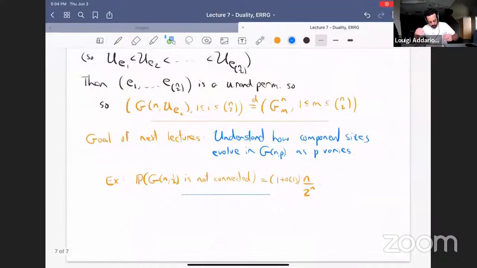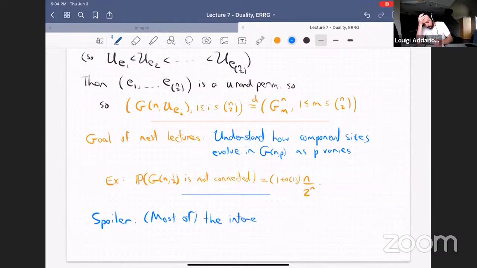But the spoiler, I guess, is most of the interesting behavior happens around p = 1/n.